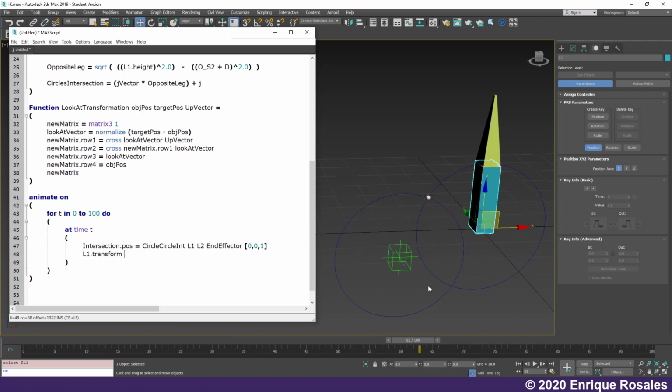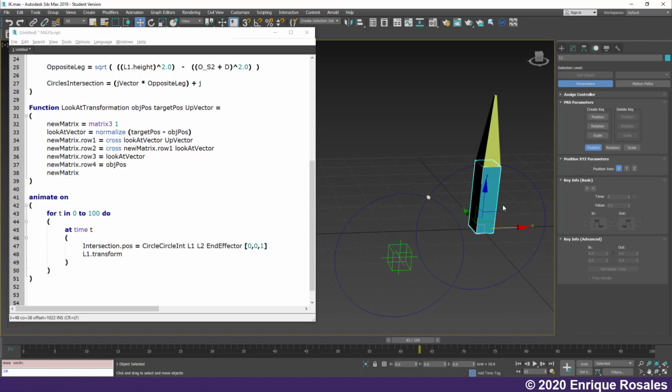So this is something interesting. The way I will compute the entire system is not by making a hierarchy, right? So I don't even have a hierarchy. For example, right here, if I move this link, this link is not moving with this one, right? The way I'm computing everything is that I'm creating the entire transformation matrix in world coordinates for each link.